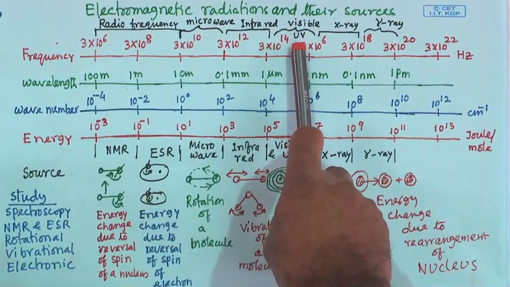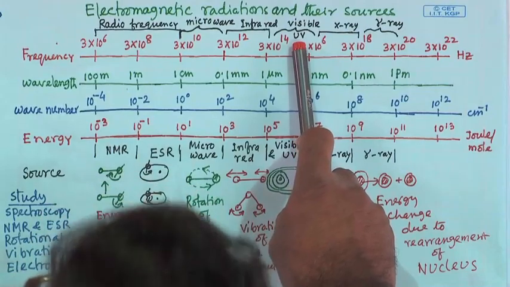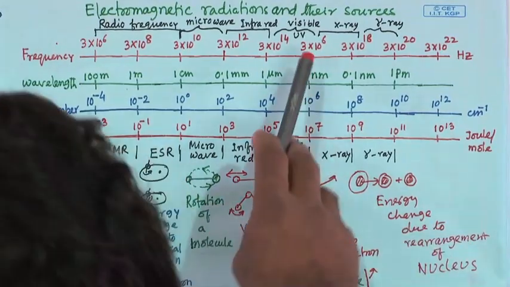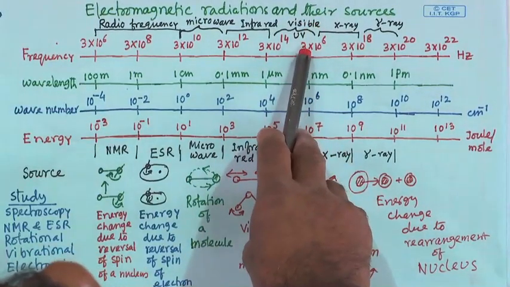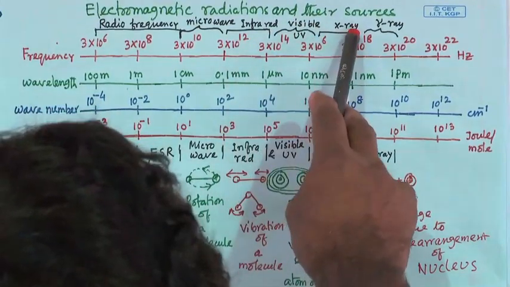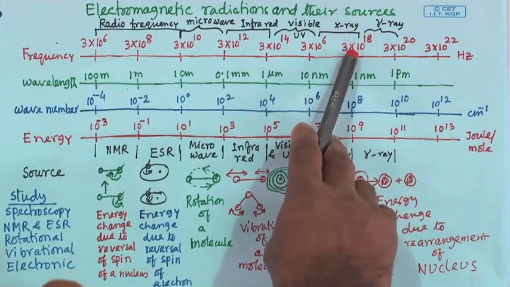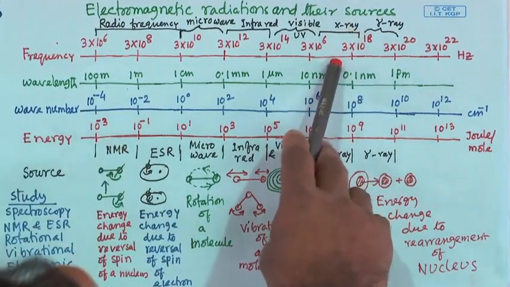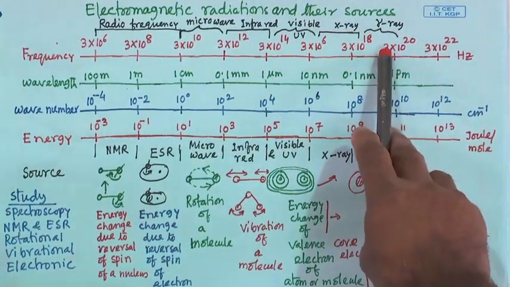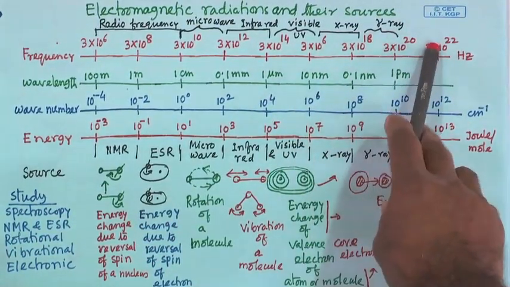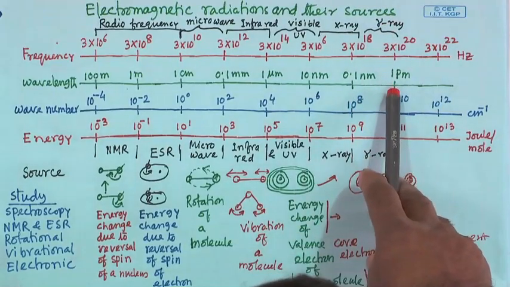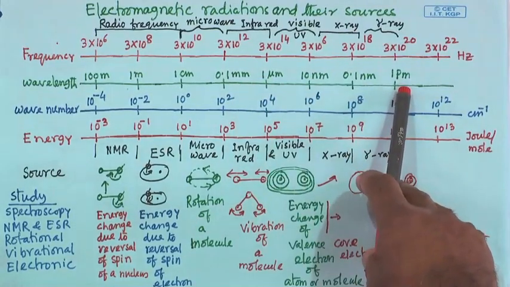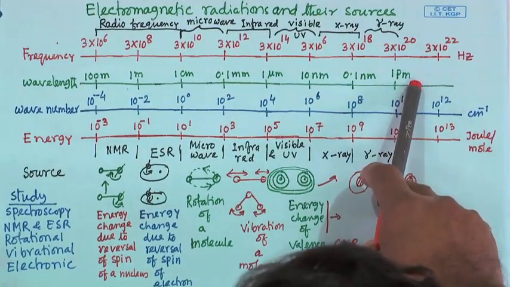Okay, visible ray means our light which is visible to us. So, visible and ultraviolet ray in this range, and the next range is X-ray, that is, electromagnetic radiation called X-ray, and then the next range is called gamma ray. So, gamma ray has the higher frequency or higher energy, and of course the lowest wavelength.